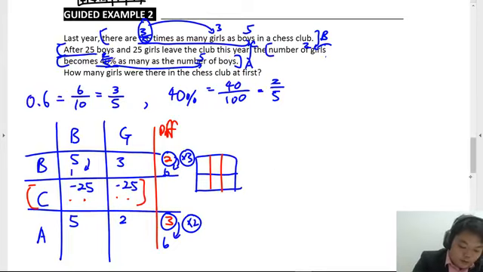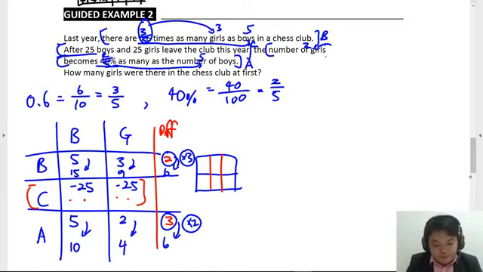So this will become 15, this will become 9, this will become 10, this will become 4. Okay, so once we have this already, all these numbers represent your number of units now. So from 15 units down to 10 units.